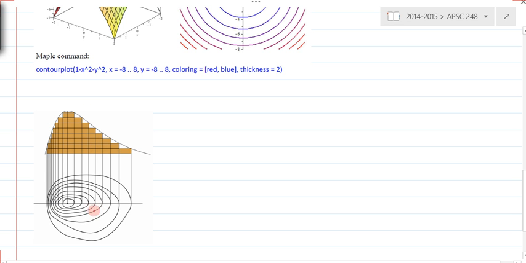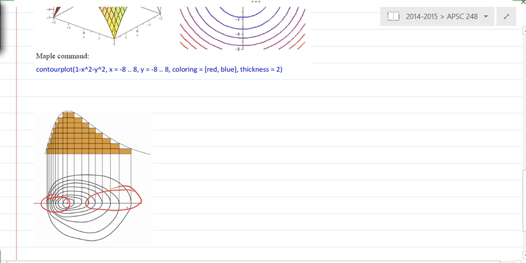You can label each with its altitude. And what else? Based on the spacing, this side is steeper, but this side is not.